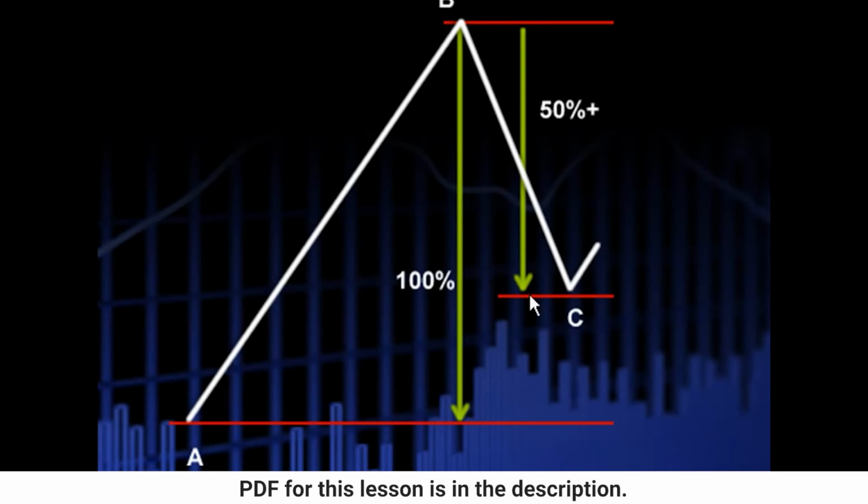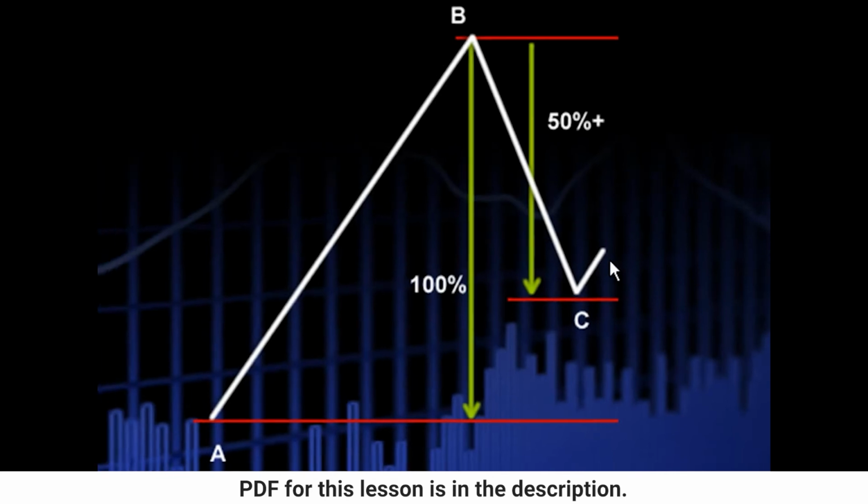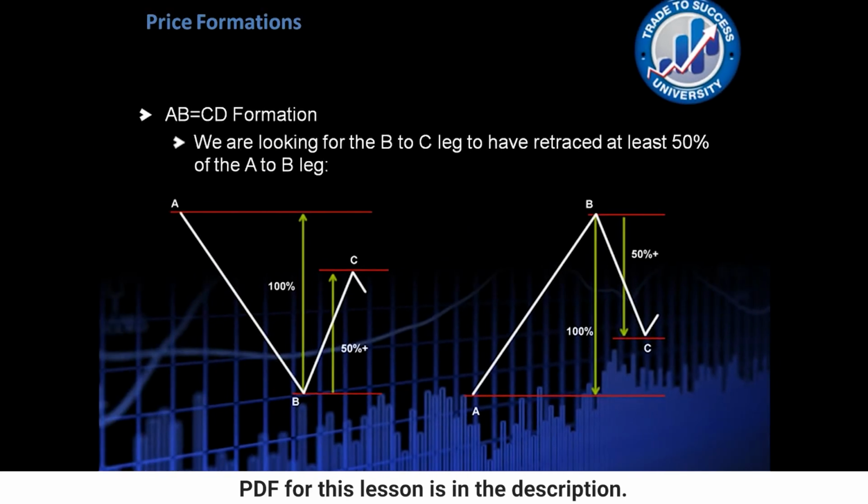Point C is over 50%, as we can see it's 50% plus. And if price came all the way down to point A, that will be a 100% retracement. We are looking for at least a 50% retracement, so a 50% plus retracement of the A to B move, for us to have a valid ABC formation.